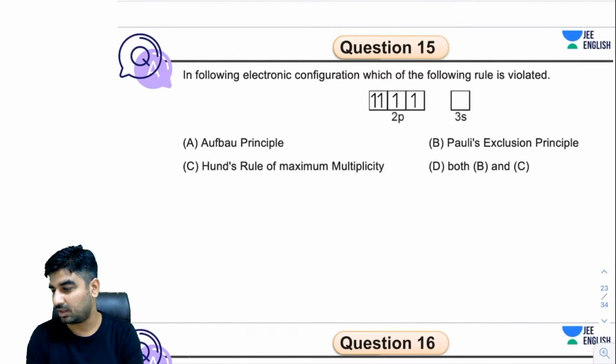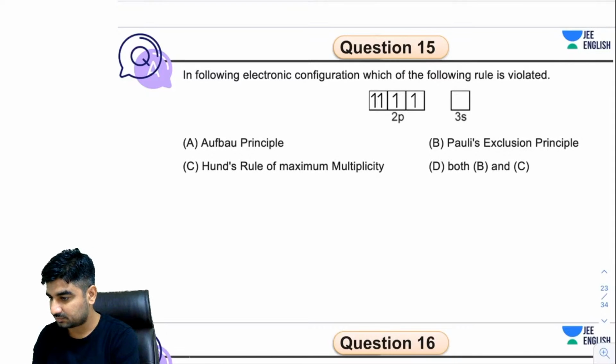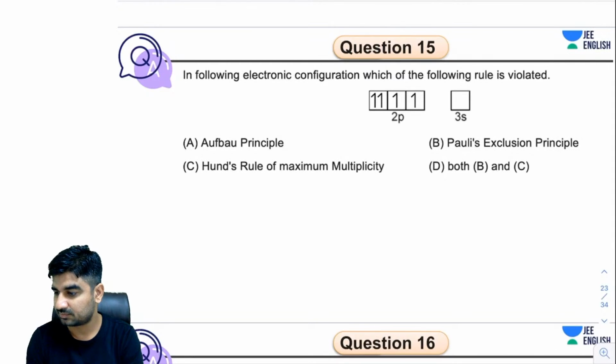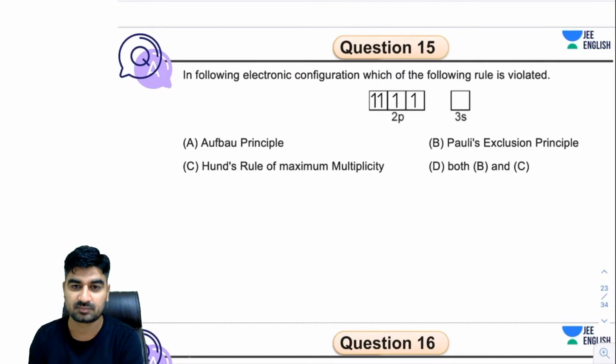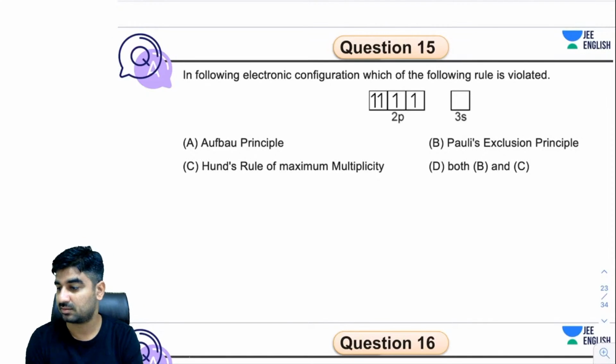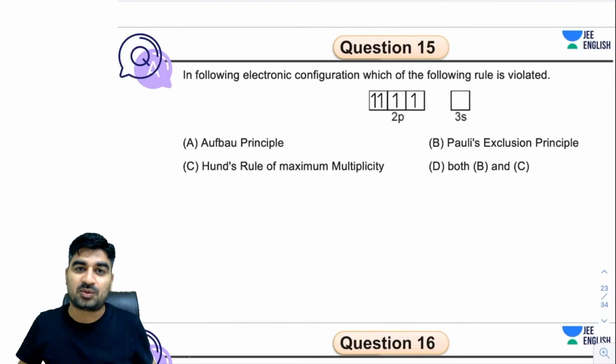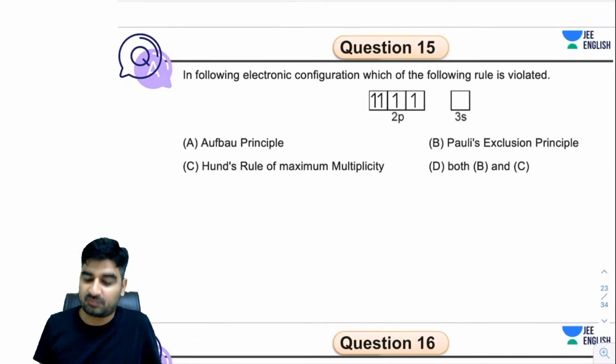Jack Sparrow C, Sawmill C, D, B, Polly's, Monica C, Ritvik Saini B. Yes. So, in the following configuration, which rule is violated?